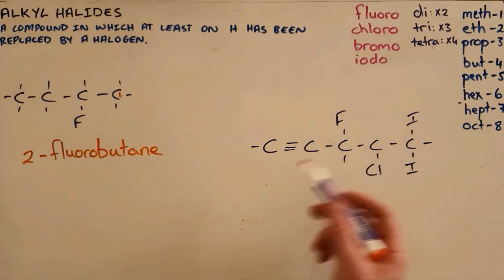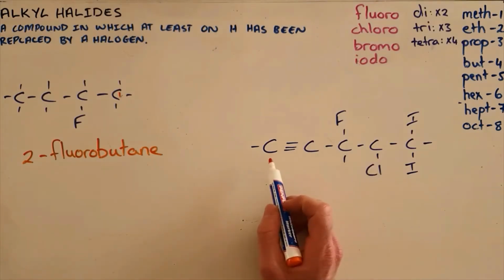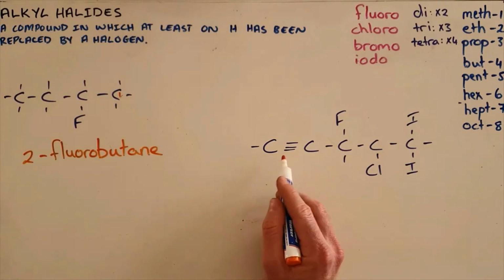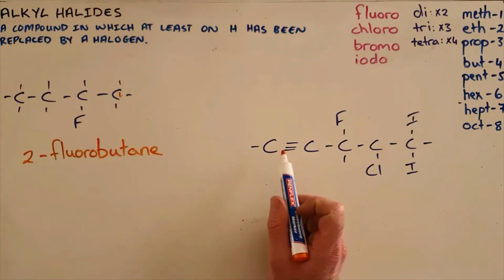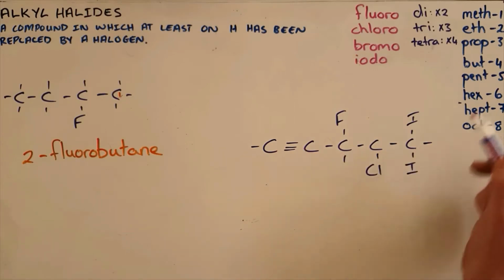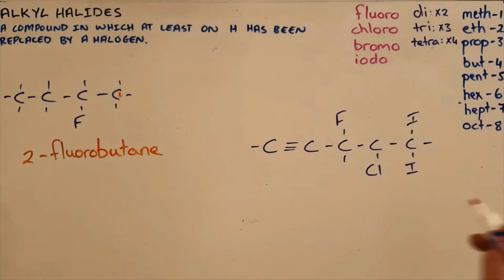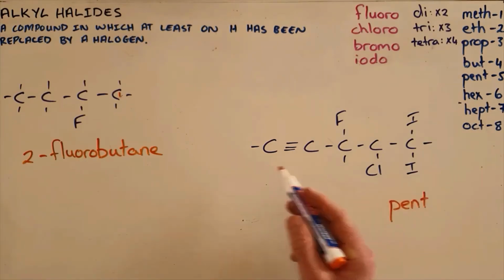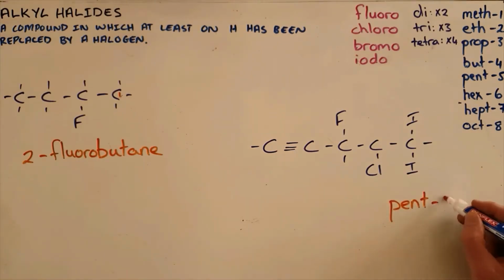So here we can once again follow the same pattern where we can see that this is an alkyne as a result of this triple bond. This triple bond tells us it gets the suffix YNE. We can see that the main chain has 5 carbons in it and therefore gets the prefix pent, and it is important to indicate the position of that triple bond, and that is on the first carbon, so pent-1-yne.